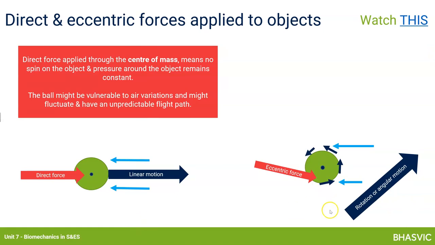So we've concluded that we've now got low air velocity beneath and high air pressure, and we've got high air velocity and low air pressure above. So we've got this high pressure to low pressure where we get an upward lift force created by the spin on this ball.